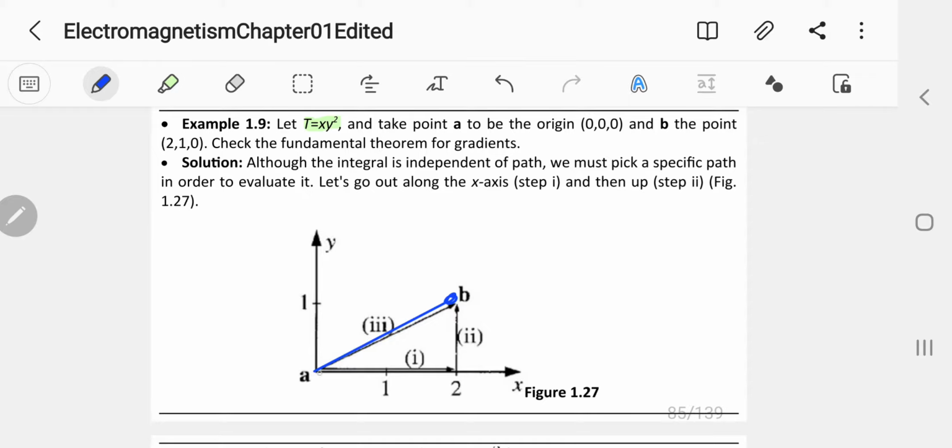As x progresses, the y also increases. It's not constant like this, so they have a relationship.